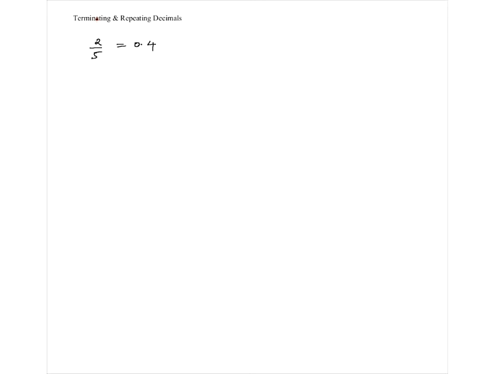That is the meaning of terminating decimals, or this terminating decimal. That means you don't have to carry on further and further.